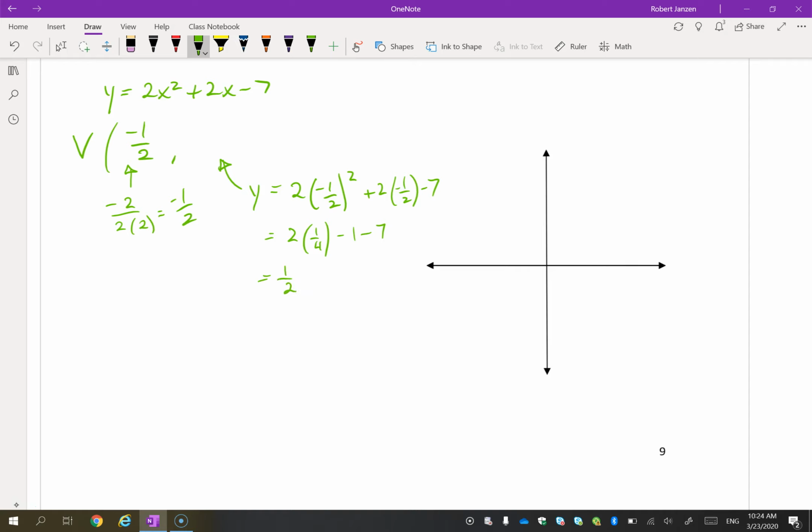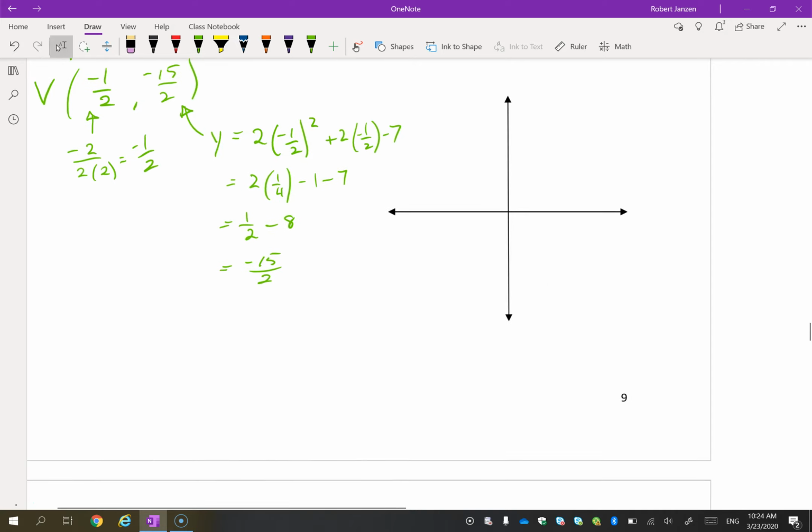So this is 1/2 minus 8. So this is, if I make common denominators here, I get 1/2, take away 16 over 2, so -15 over 2. Okay, so if I want to put that on my graph, let's put it right here, negative 1/2, negative 15/2.